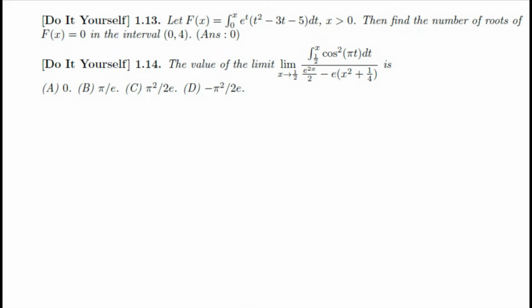Now 1.14 is a combination of L'Hospital and the differentiation under integration rule. So let's see how we solve this problem. Here, if x tends to half, then the denominator is 0 and the numerator is also 0. So this is a 0 by 0 form. So we will differentiate this.